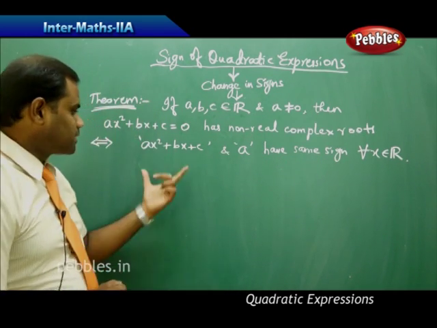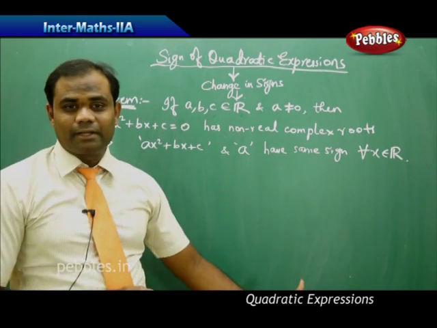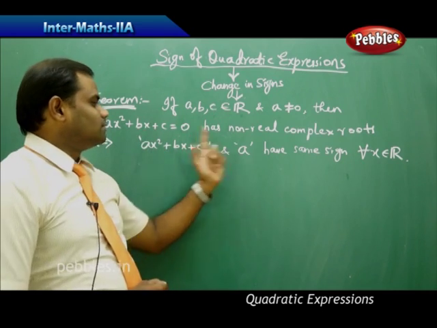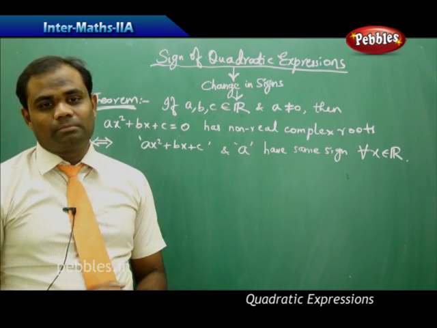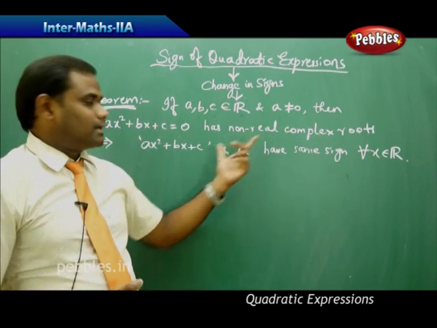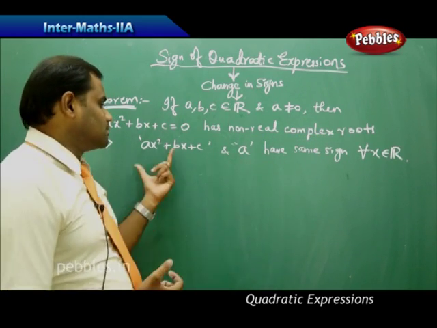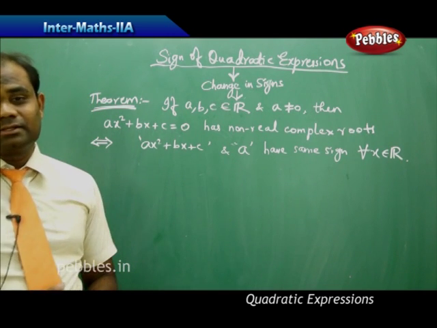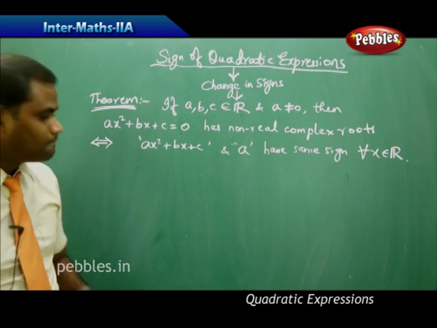That is, if this expression and a have the same sign for all real numbers x, then the roots of this are directly non-real complex roots. Or if the roots are non-real complex, then immediately I can say this and this have the same sign. This is both the necessary and the sufficient condition.